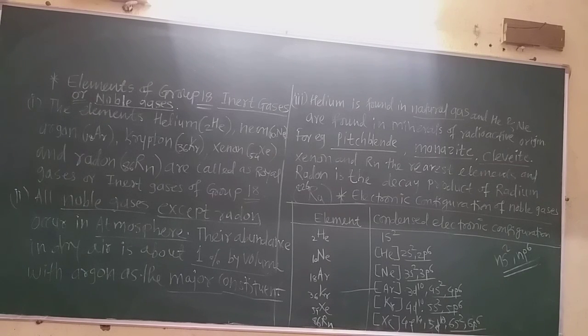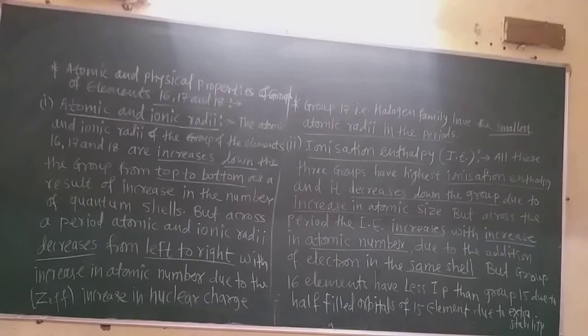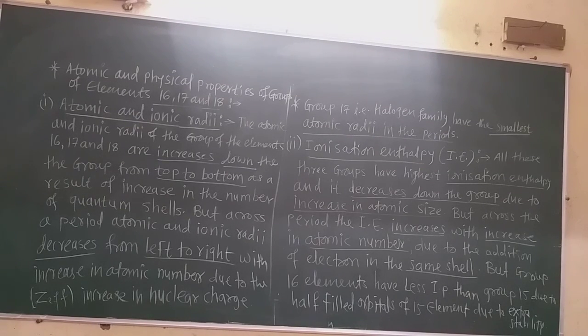Now let us see the properties of these families, that is electronegativity, electron gain enthalpy, atomic size, atomic radii. Let us see how the trends of them are for these families. Now see the atomic and ionic trends in the physical properties of group elements of 16, 17 and 18.